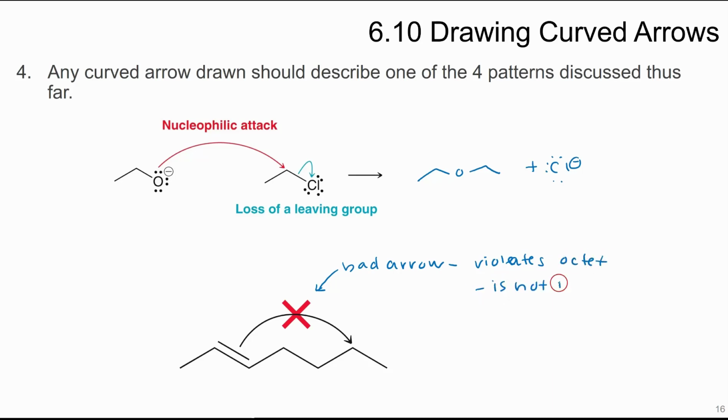It is not one of the patterns. That's an sp3 carbon with no leaving groups. So you would be forming too many bonds to that carbon. This is an sp3 carbon with no leaving group. This is not an electrophile.